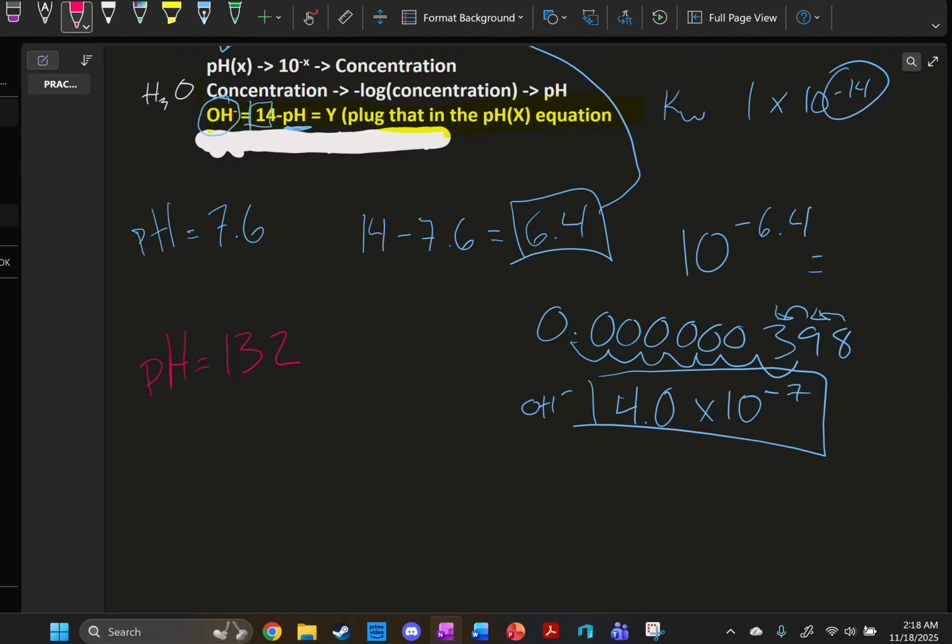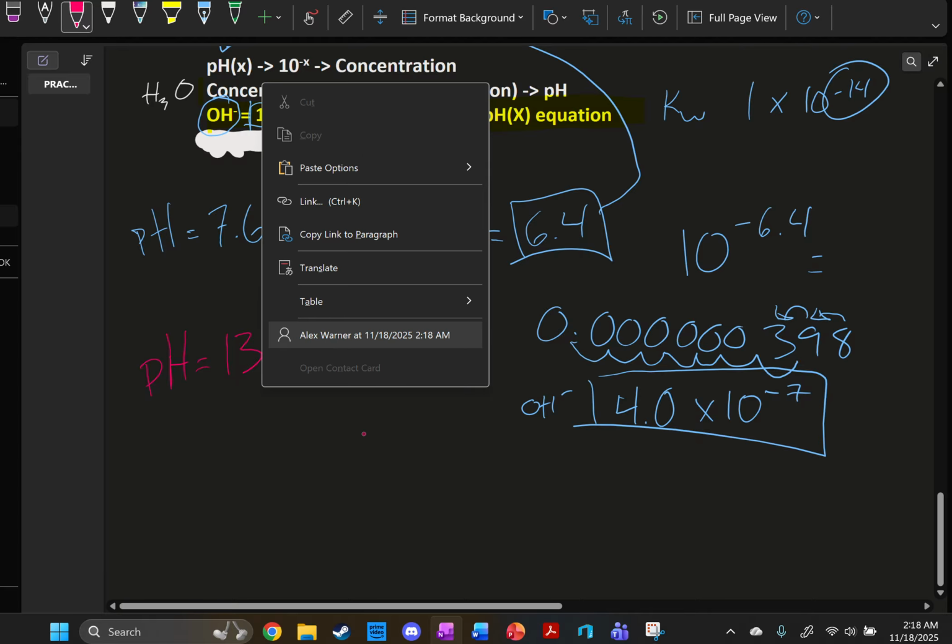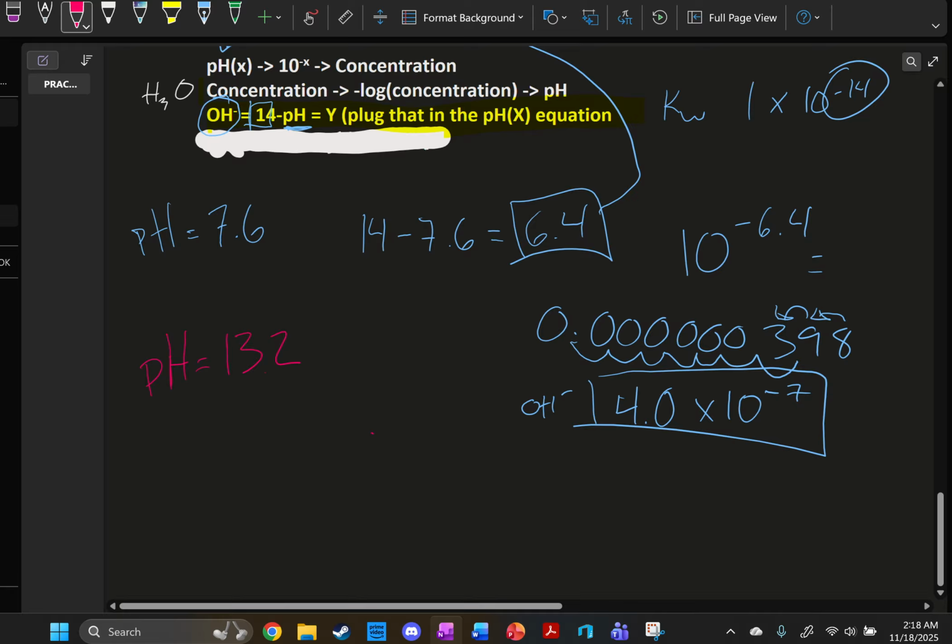Okay. In order to find the hydroxide number, we're going to do 14 minus 13.2.